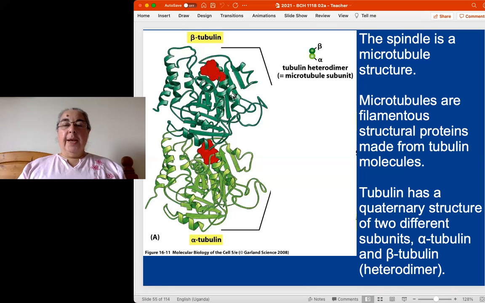So tubulin is a heterodimer, which means it's a dimer, it's got two subunits, and they're different subunits, hetero. It has a quaternary structure of two subunits associated together, interacting with each other at this interface in between them.